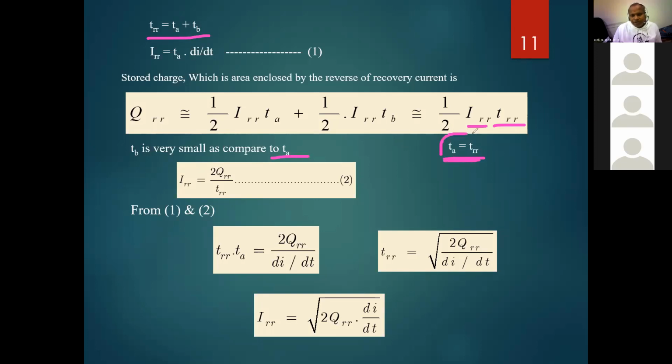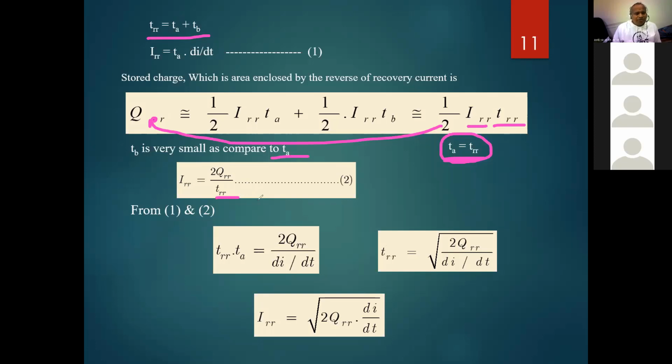So you can write this equation as IRR into TRR equal to 2QRR.